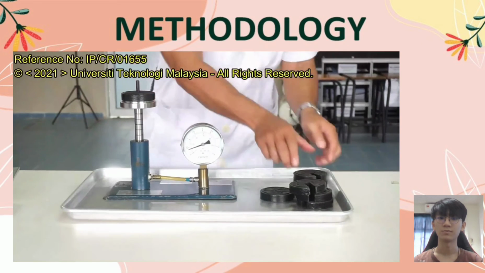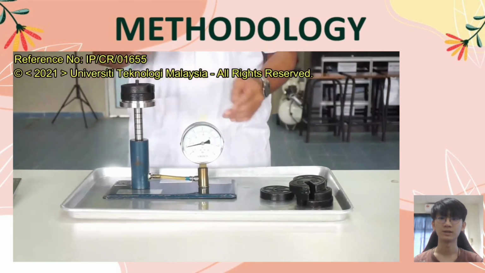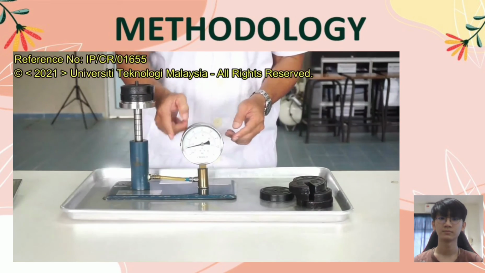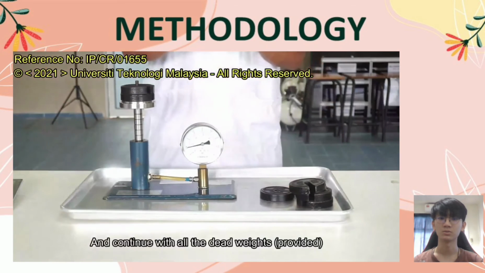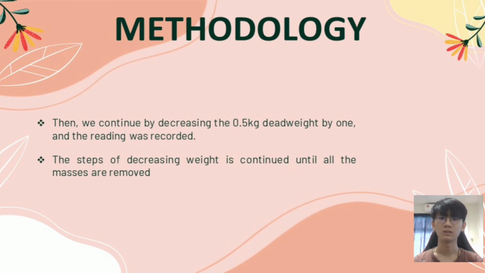A weight of 0.5 kg was added, and the third reading was recorded. The steps were continued with all the dead weights provided. Then we continued by decreasing the 0.5 kilogram dead weight one by one, and the reading was recorded for each decreasing dead weight. The steps were continued until all the masses were removed.